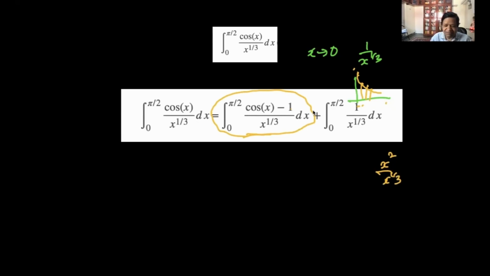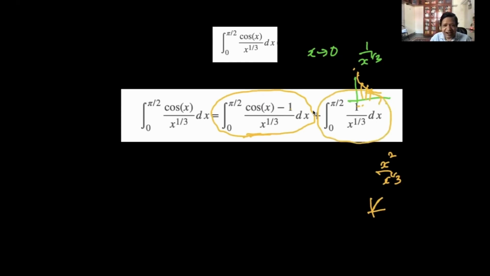Now this is x to the 5/3. So this is now finite, in fact it starts from 0. So this integral is fine near x equal to 0, no problem. What about the other part?